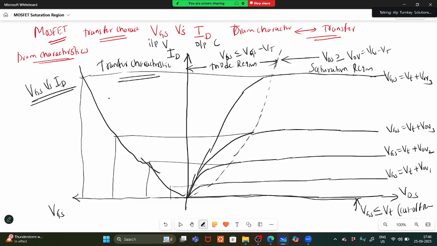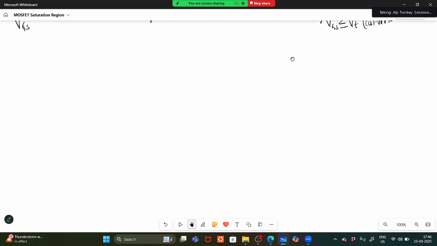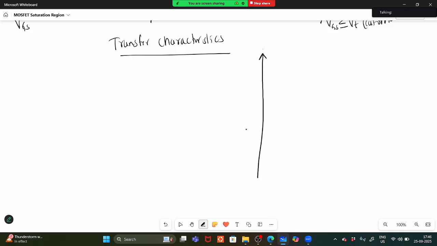Did you understand how I am drawing the transfer characteristics? If you draw the transfer characteristics separately, here I am drawing them.